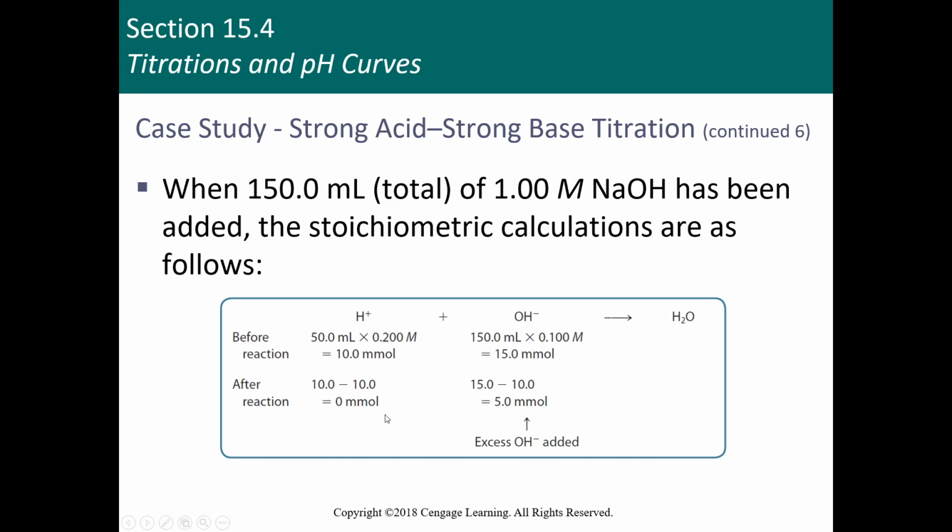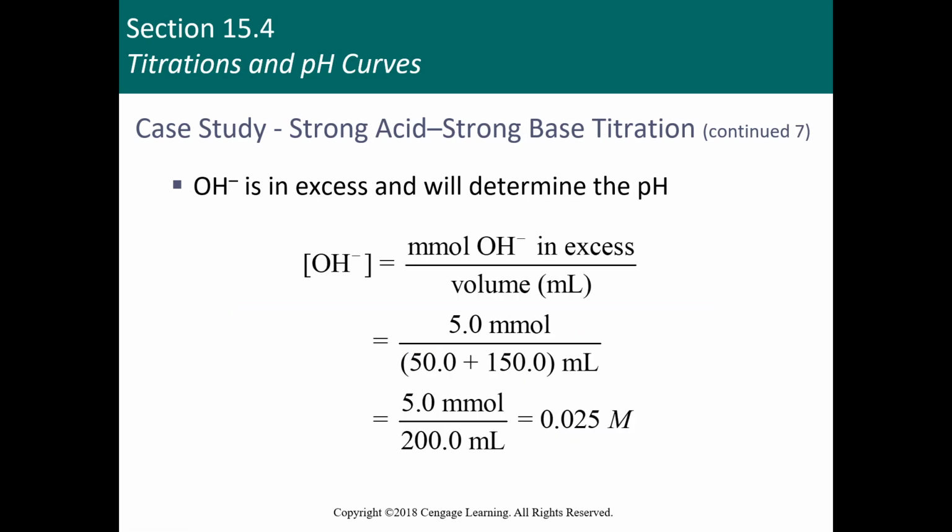And so we've used up all of the H plus because that's now the limiting reactant. And we're left with 5 millimoles of the OH minus. And so this is now going to be a basic solution. The OH minus will be in excess. This is going to be what determines the pH.